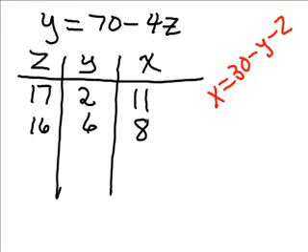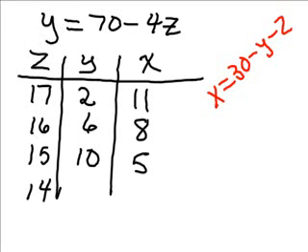When I let z equal 15, y is equal to 70 minus 4 times 15, that's 10. Then x would have to equal 30 minus 10 minus 15, that's 5. When I let z equal 14, y is equal to 70 minus 4 times 14, that's 14, so then x would have to equal 2.